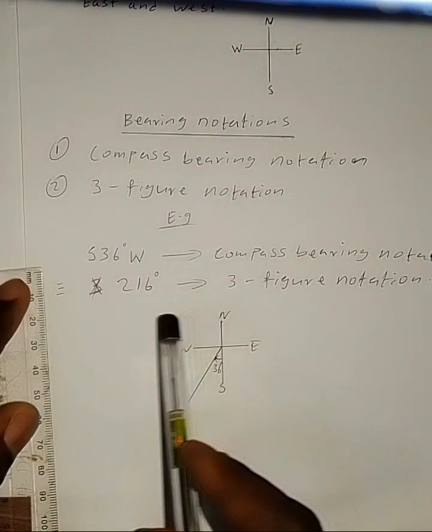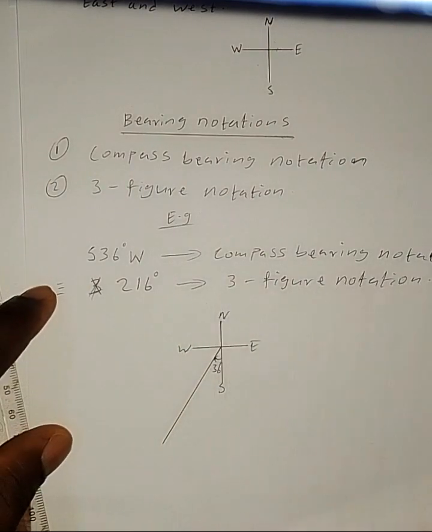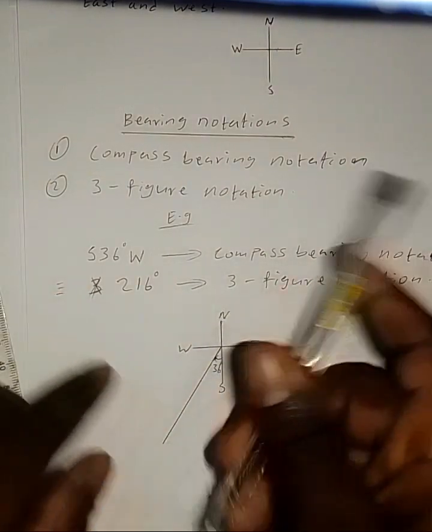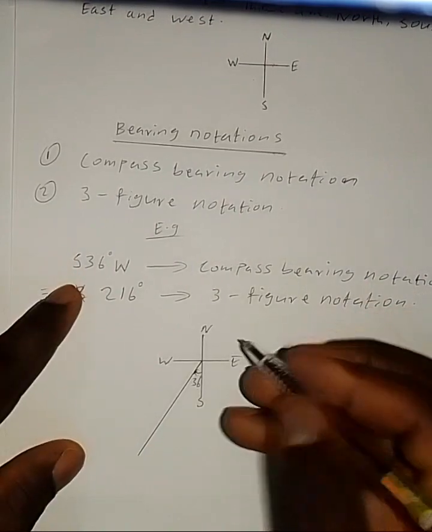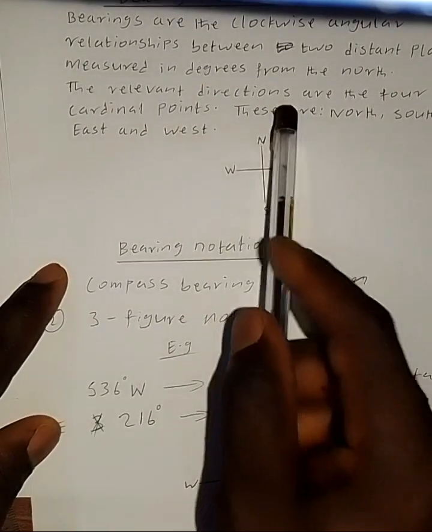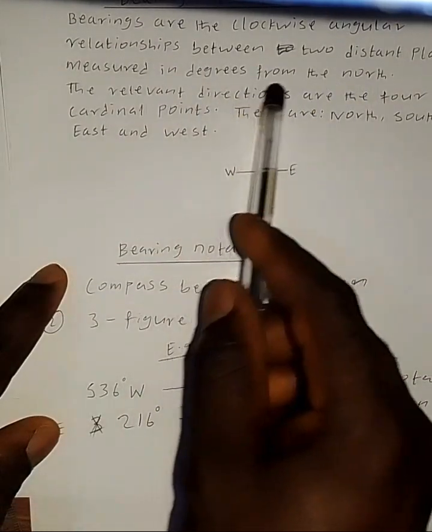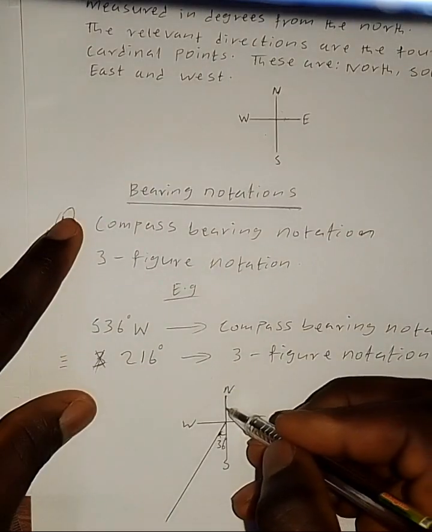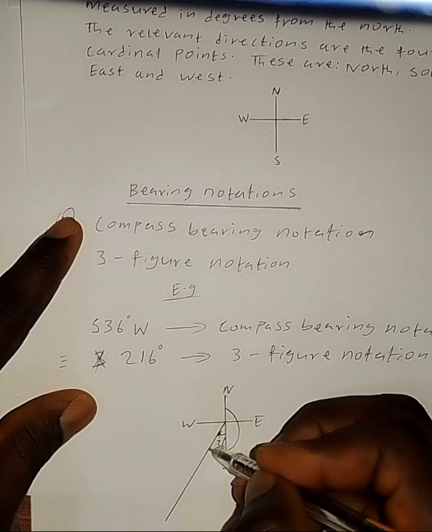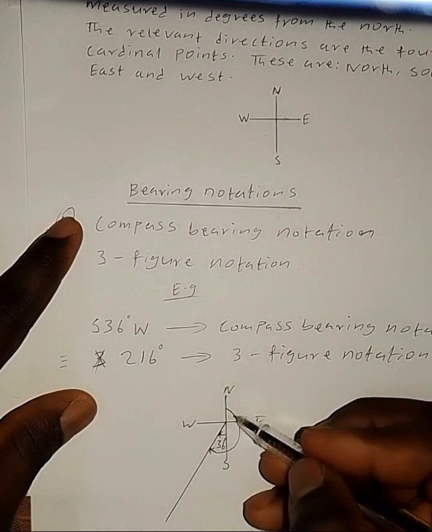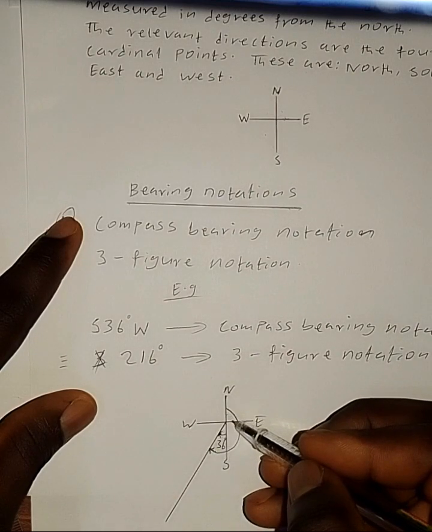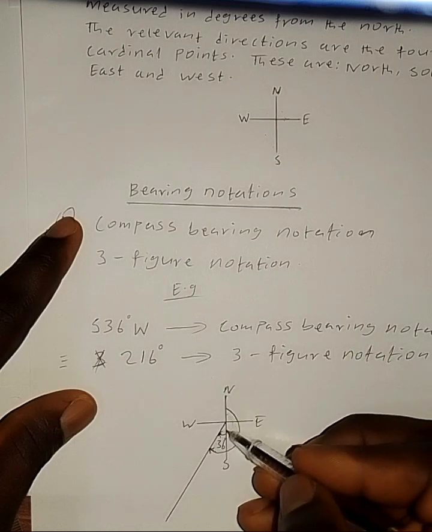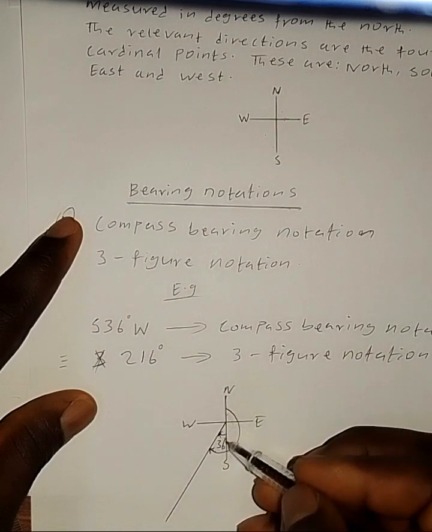But in three-figure notation, or three-digit notation, it's always measured from the north, so from here down to this line. Of course, from here to here is 90 degrees, and from here to here again is 90 degrees, plus 36.